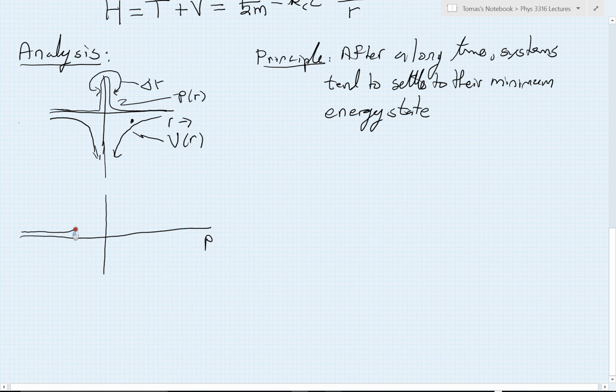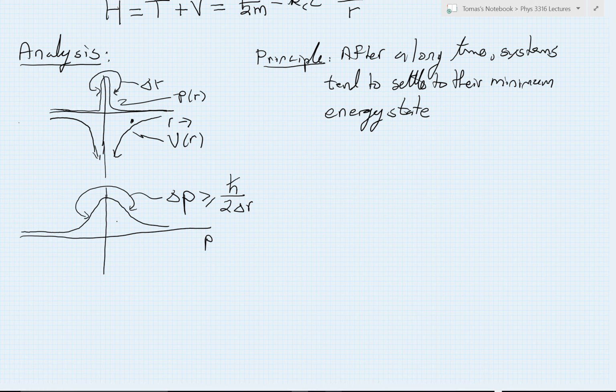Now, I don't expect on average there to be any average momentum, so I'm expecting a peak that looks something like this, centered at 0 momentum, but this peak will have to have some kind of a width associated with it, and that width we will call delta P. And of course, from Heisenberg uncertainty, the least that P can be, we know it will always be at least as big as h bar over 2 delta R. And we certainly want it to obtain its least possible value if we're trying to minimize the energy of our system.